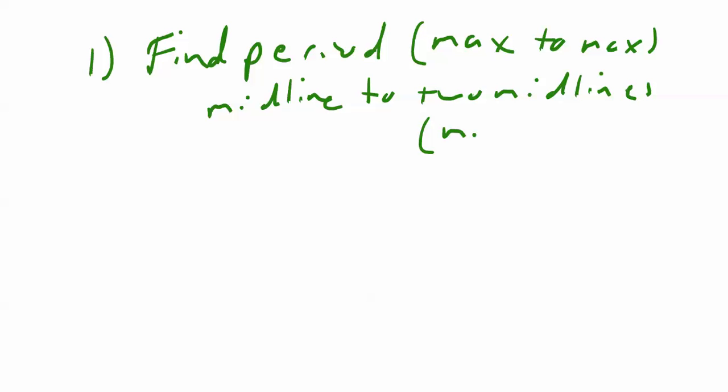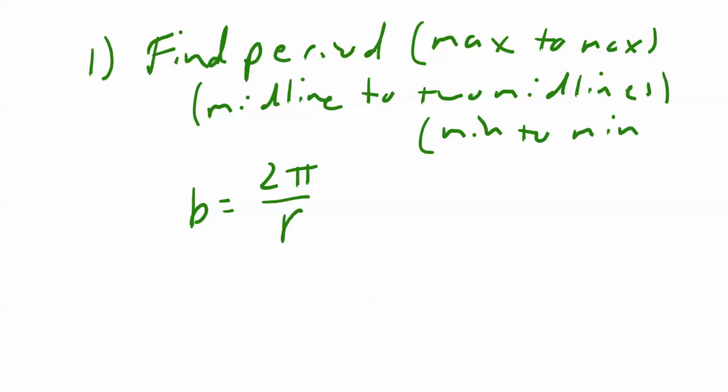Min to min also works. There are lots of options for how to find the period. I'm going to use that to find b. Again, b is equal to 2 pi over the period. So that's what I'm going to do first.